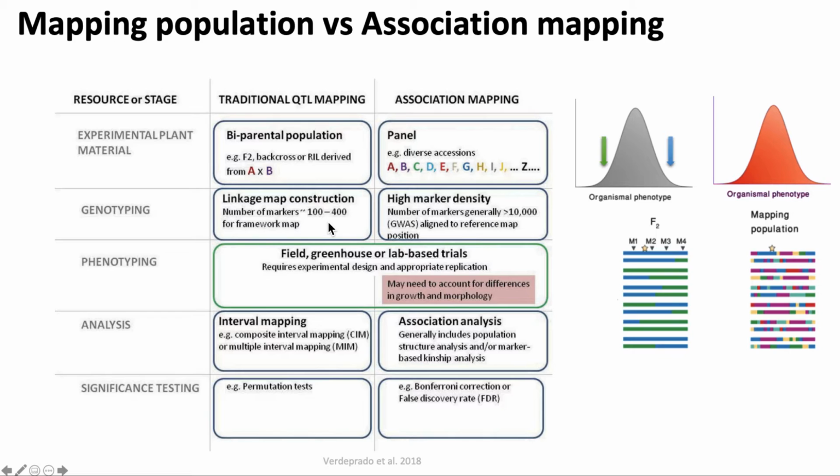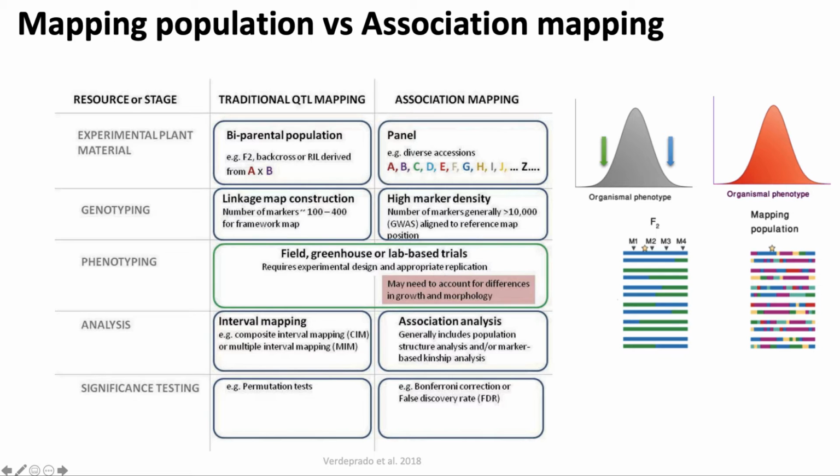Remember that with the molecular markers we basically want to identify the recombinations in the population. So if we don't have a lot of recombination, we don't need a lot of markers. In association mapping, we need a lot of markers because we're going to try to capture all the historical recombinations in the crop that we're working on.